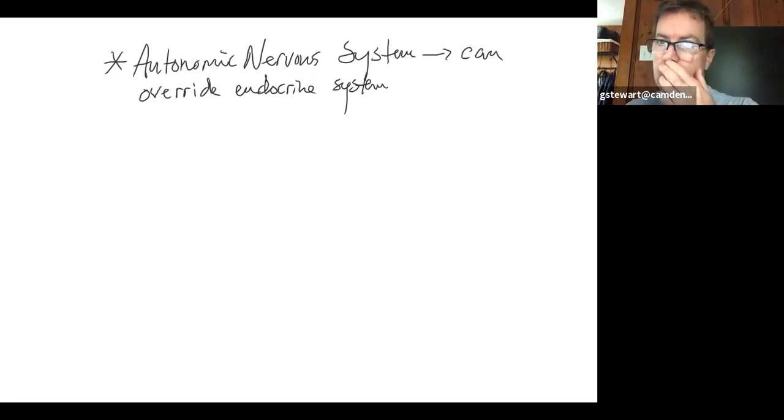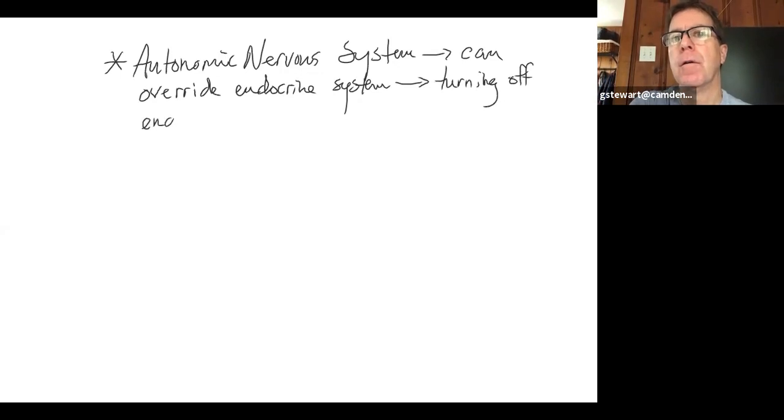So the nervous system can ultimately override and control the endocrine system in many different ways, usually in extreme circumstances, like stress, for example, causing shutting down an endocrine gland or enhancing it. So I'm just going to write turning off endocrine secretions or enhancing them, turning them up.